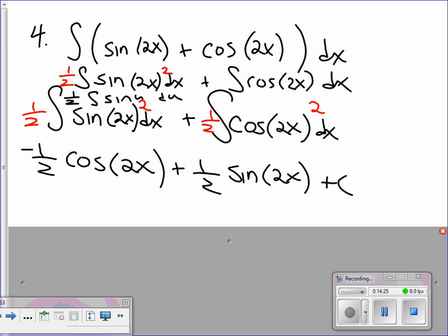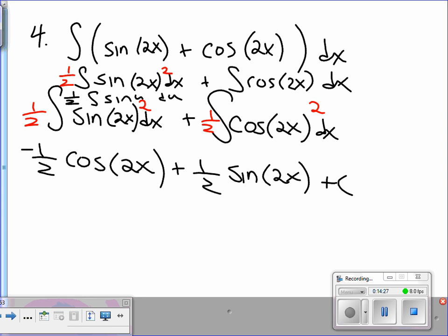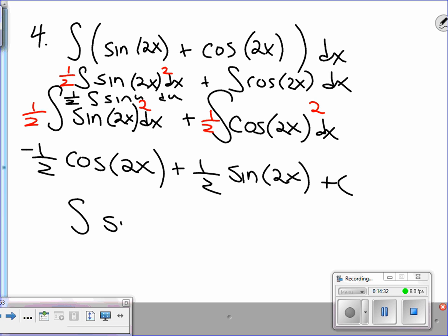But let's just look at the first integral instead of the second one. So one of the things we're going to have to do is integrate the sine of 2x. Right, that's the first term. We know that the antiderivative of sine of x is negative cosine of x. But if it's anything else, not just an x, it's u substitution, and we let u be the inside function, 2x.